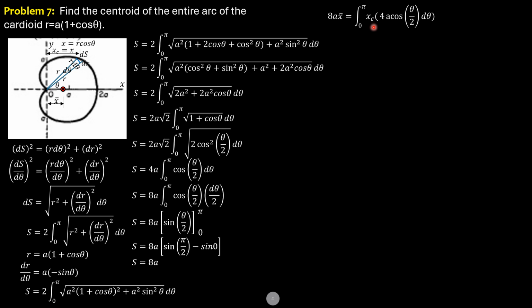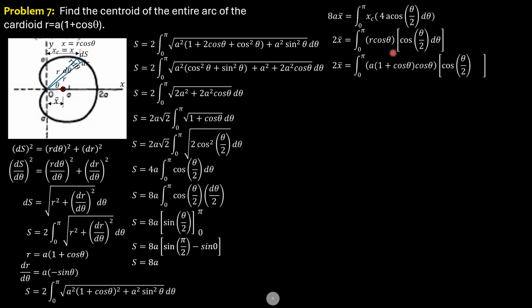Then integral of x sub c, which is r cosine theta, then cosine theta over 2 d theta. So we replace r equal to quantity 1 plus cosine theta here, then times cosine theta, then times quantity cosine theta over 2 d theta.